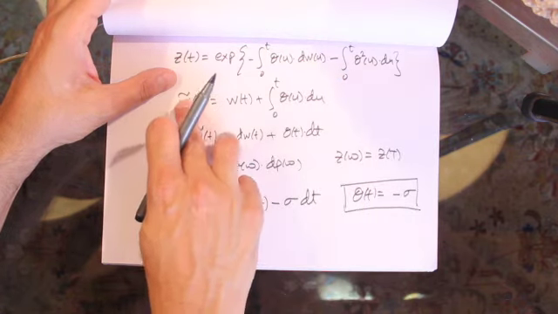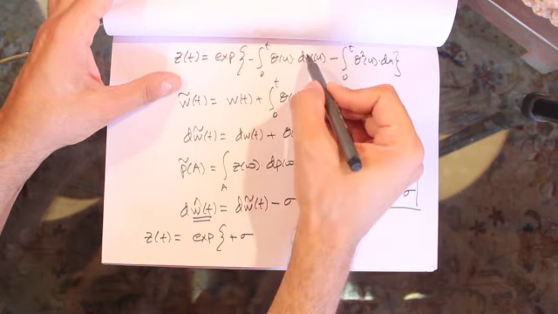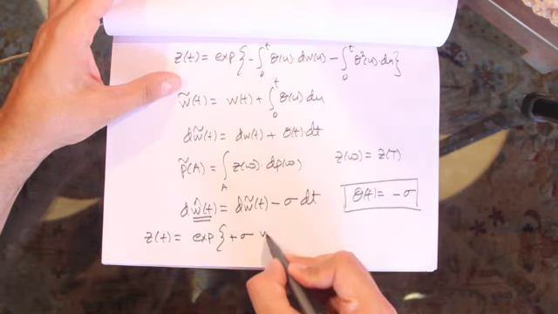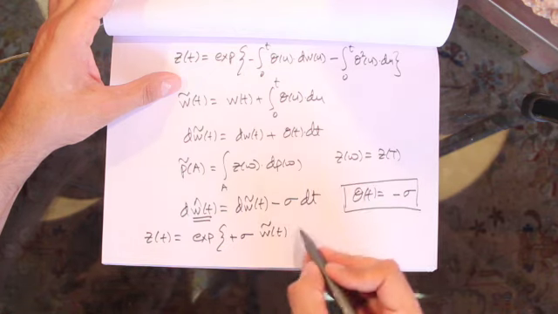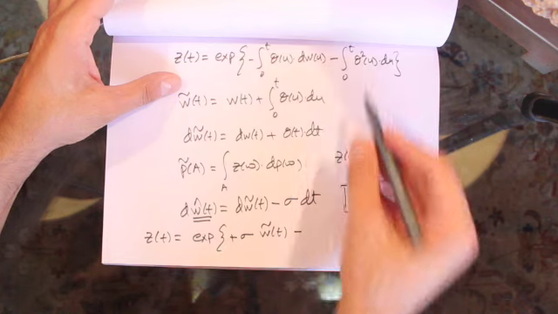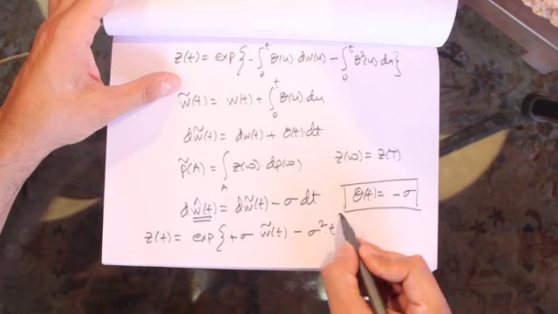and integral 0 to t of, now in our world we already are working under W tilde, so this is going to be W tilde, so we'll get W tilde(t), right, and minus integral theta squared is going to be sigma squared times t.